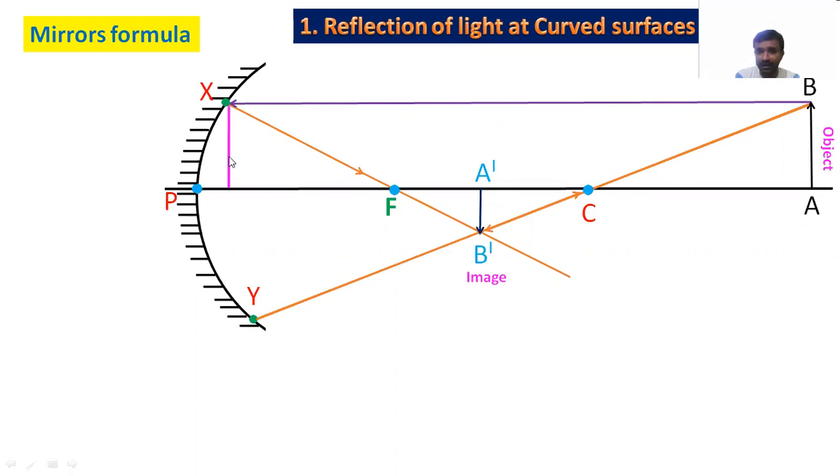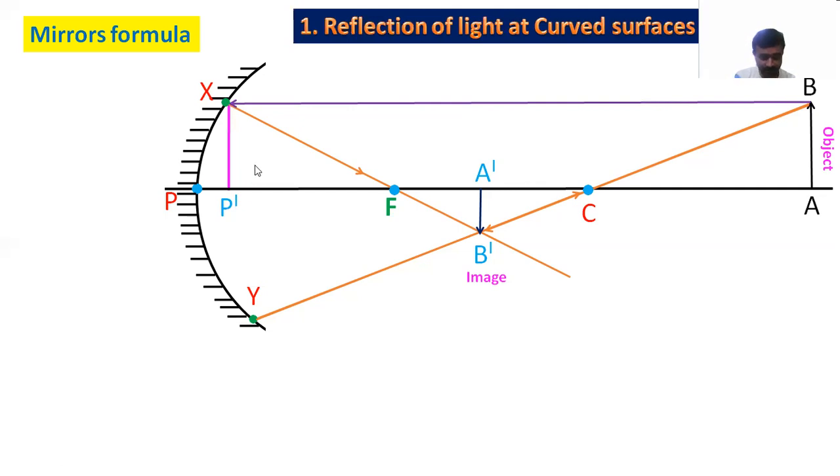As you see here, the pink color line is vertical to the principal axis from the point X. I am naming the point where it meets the principal axis as P dash. So the pink line is perpendicular to the principal axis, drawn from the point X, and it coincides at the point P dash.